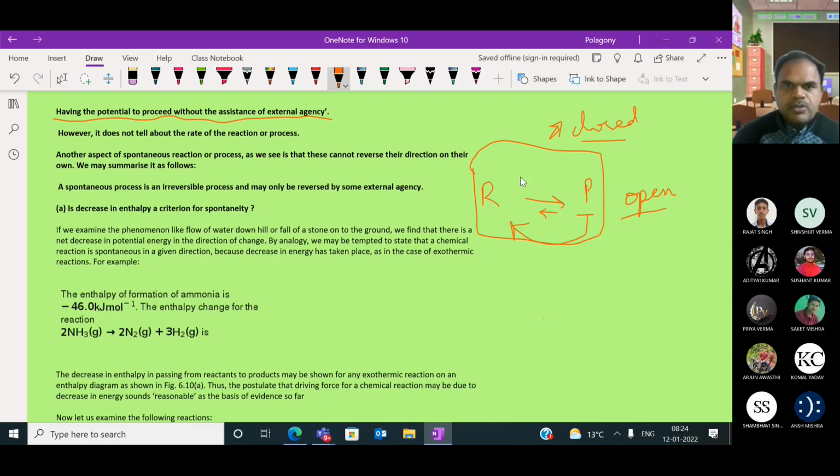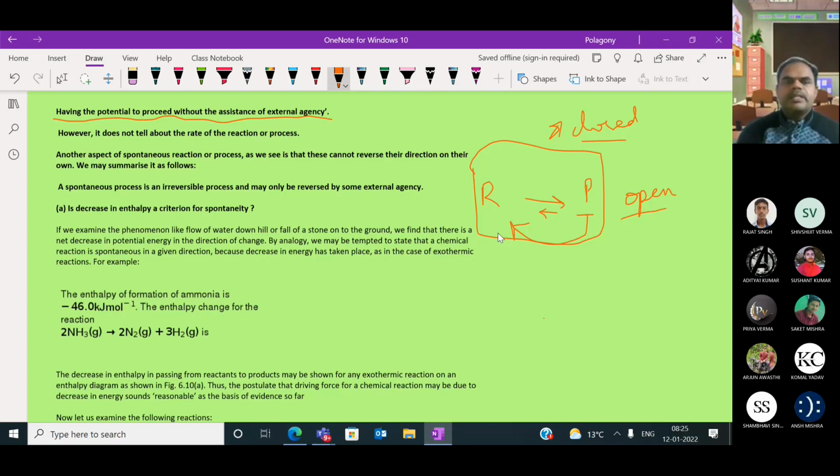Spontaneous means those reactions take place without external force, having the potential to undergo change without any external force. But what could be the reason for this spontaneity?